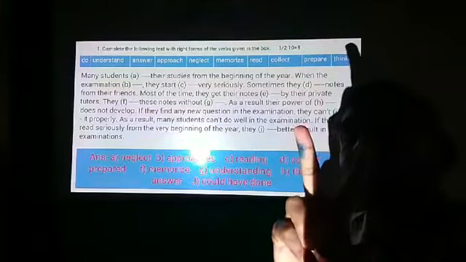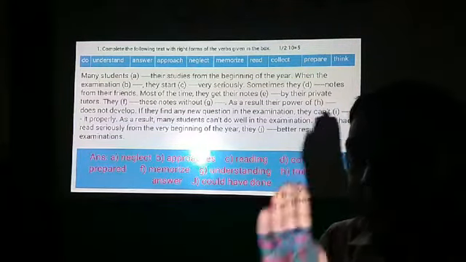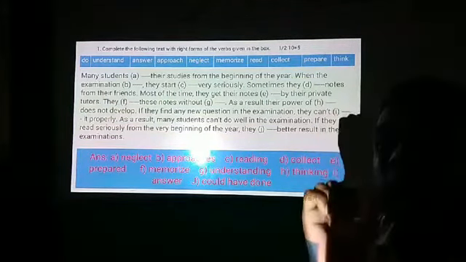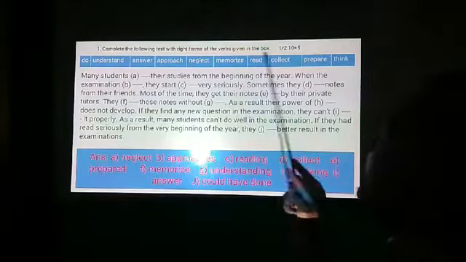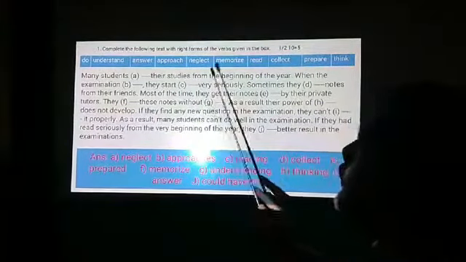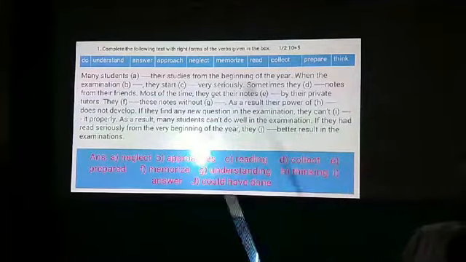Non-finite verb has only 2 forms. I told you a few minutes ago that either it will take to before it or ing after it. So whichever verb I select from the box here, I must use to before it or ing after it. So only 2 things.